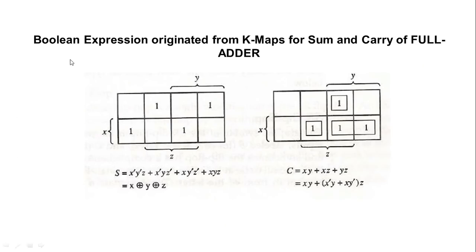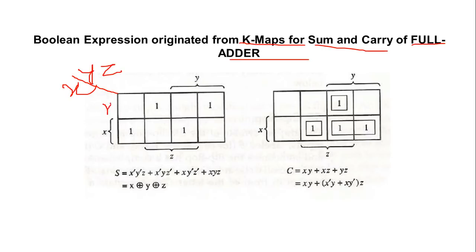The other method is that we can also use K-maps in order to get sum and carry. The reason I am telling you this is because K-maps are responsible for simplifying the circuits in a much better way. So if we go through them, we have three terms, so definitely I need eight boxes. So x, y, and z are there.